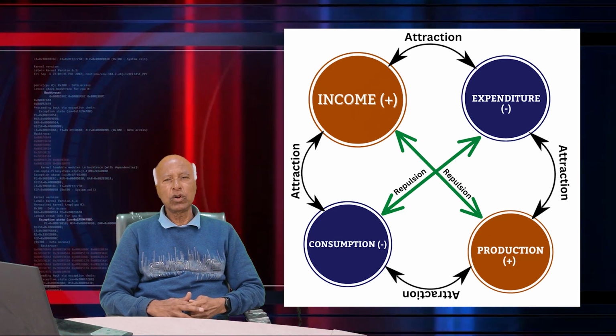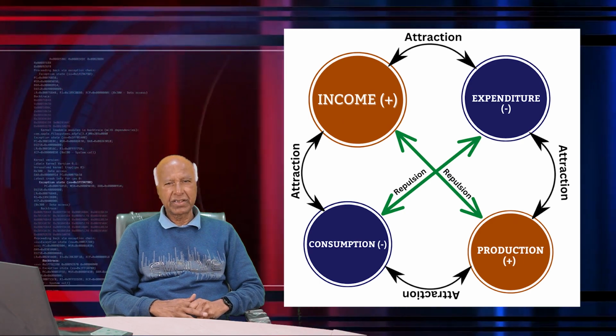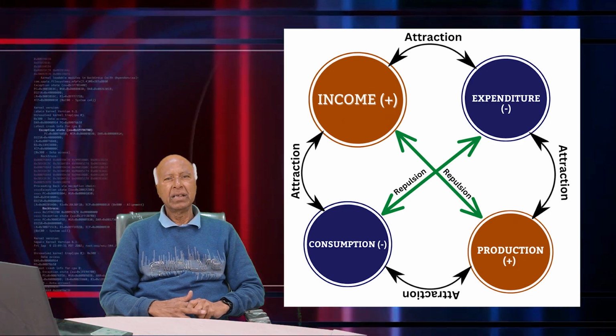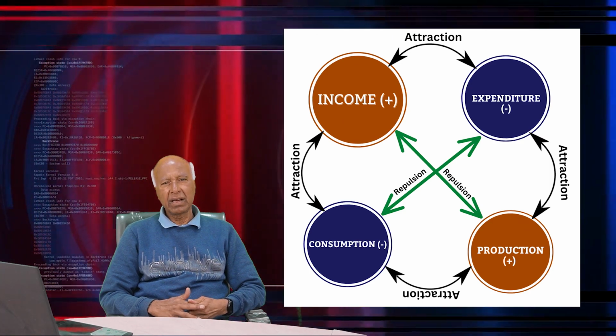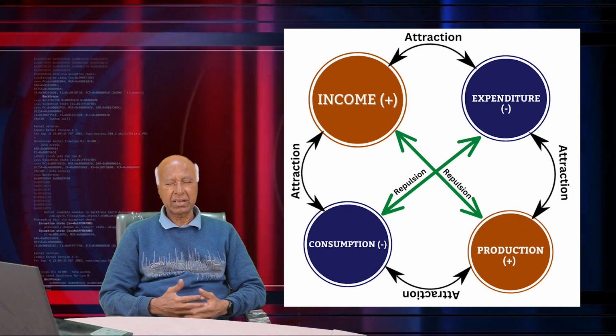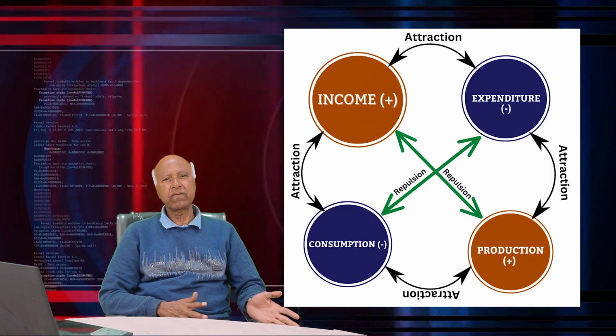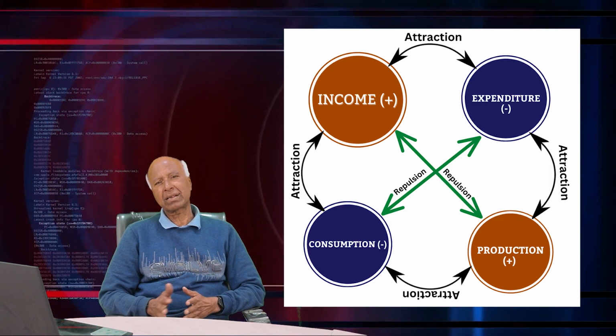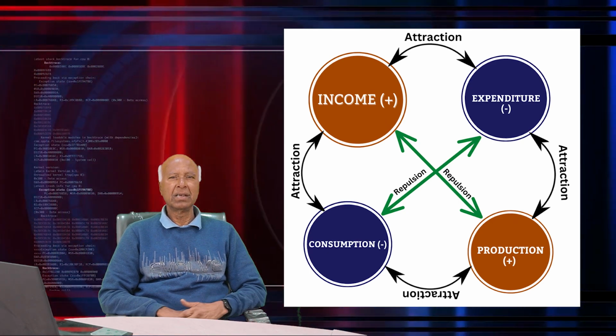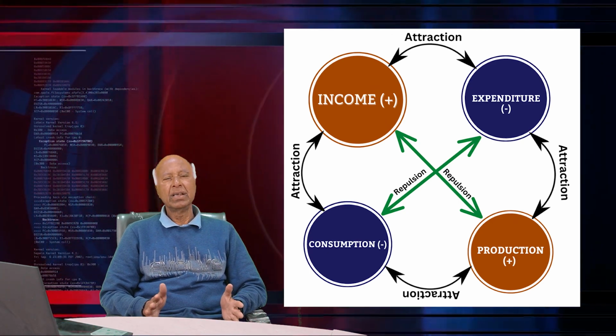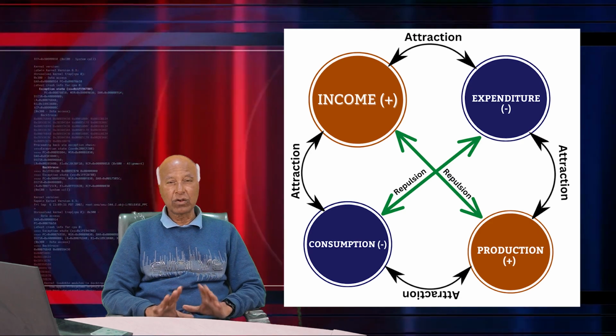This equilibrium is changing constantly, and the mass of Earth, mass of Moon, mass of Venus, mass of Mars, Jupiter, Saturn, they are constantly changing, and this change is regulated.